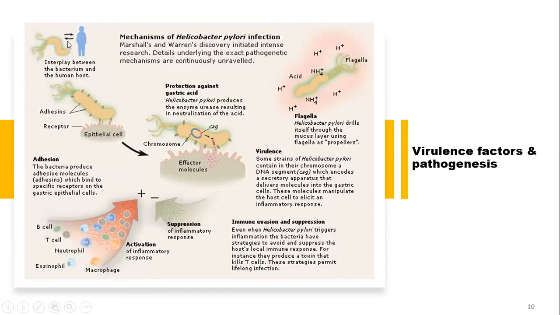It is possible for somebody to be colonized and throughout his or her life, the person does not come down with any symptoms. However, in some other individuals, they come down with either peptic ulcer disease or some form of malignancy. So there's an interplay that is not entirely understood between the organism and the host.